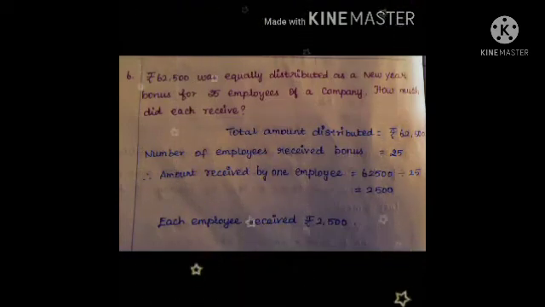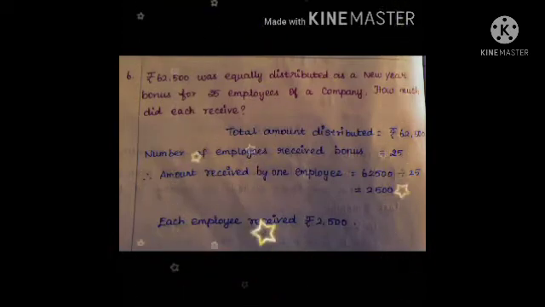Okay, now see the solution. Total amount distributed, how many rupees did they distribute in total? 62,500. Number of employees who received the bonus: 25 employees received the bonus.